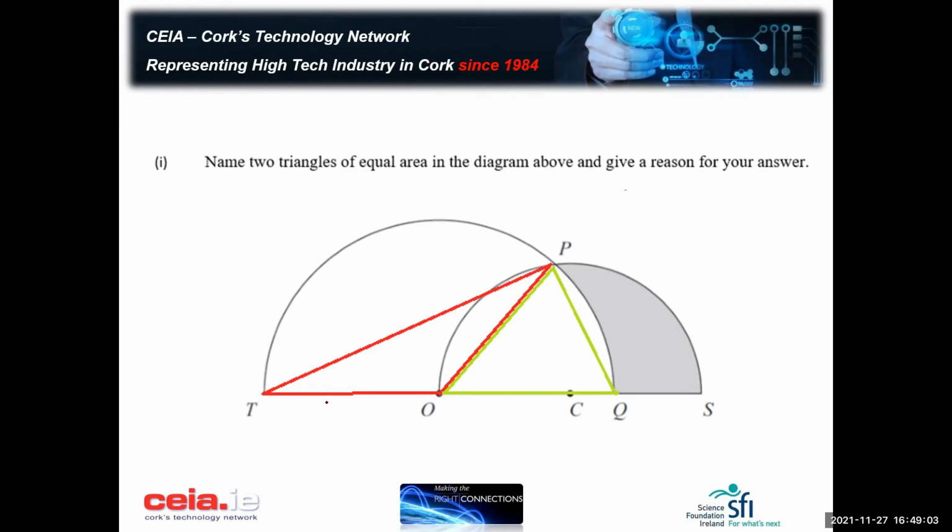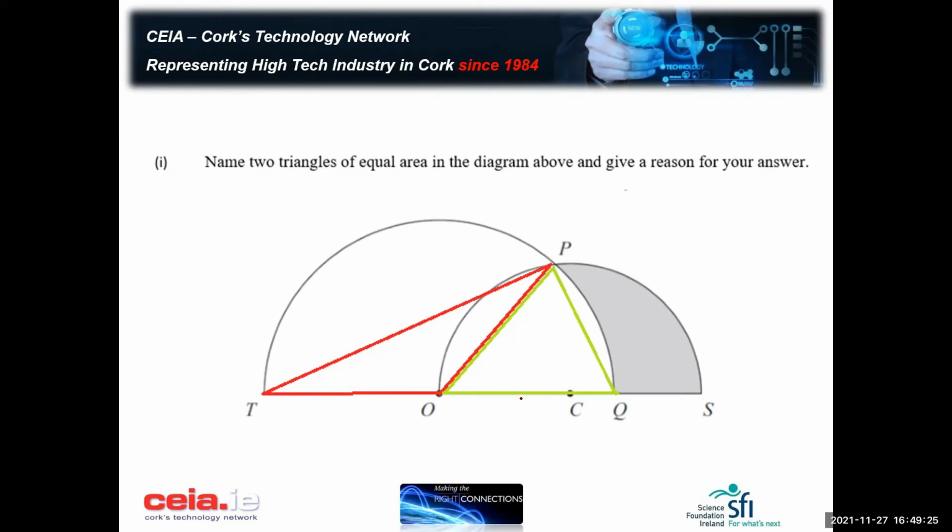Okay, so the red triangle here and the green triangle, they have the same base. Why? The base of the red triangle is OT, and the base of the green triangle is OQ. Both OT and OQ are radii of the larger semicircle.